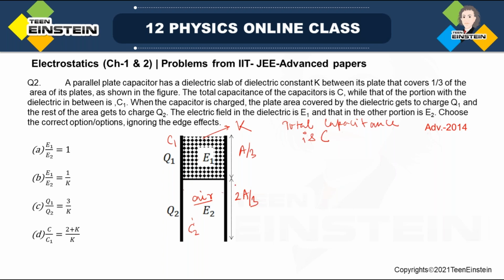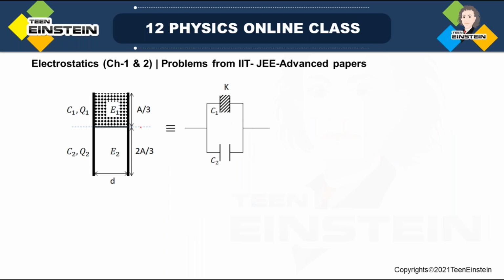So I can equivalently consider this kind of circuit for this capacitor. While charging, since this part and this part both have the same potential difference, if this is capacitor C1 having capacitance C1, and another one is the capacitor having capacitance C2, then these two are actually a parallel combination.